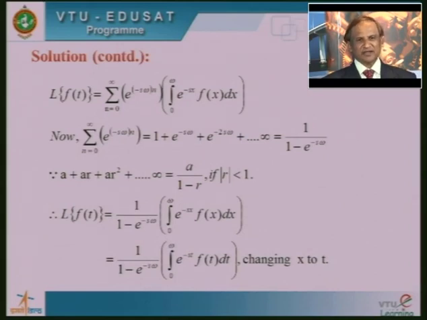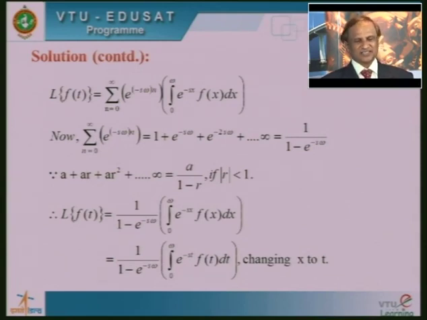So if I replace n by 1, I obtain e to the power minus s into ω, plus e to the power minus 2 times s into ω, plus e to the power minus 3 times s into ω, and so on. Is it clear? And it can be written as 1 divided by 1 minus e to the power minus s into ω. So you may ask, how do we get 1 divided by 1 minus e to the power minus s into ω? Because you know the geometric series, right?